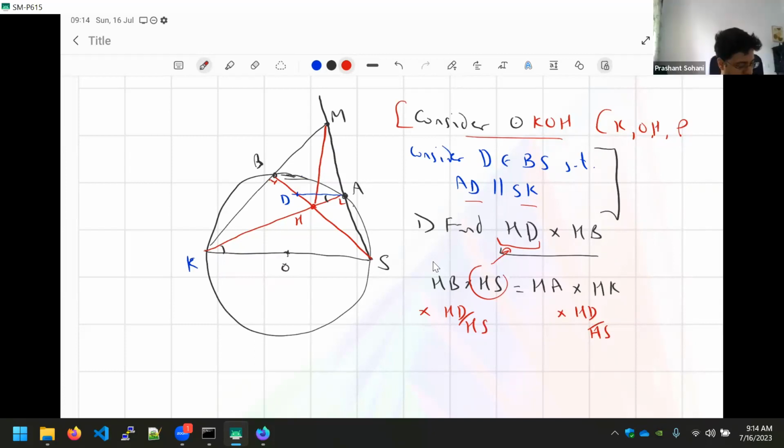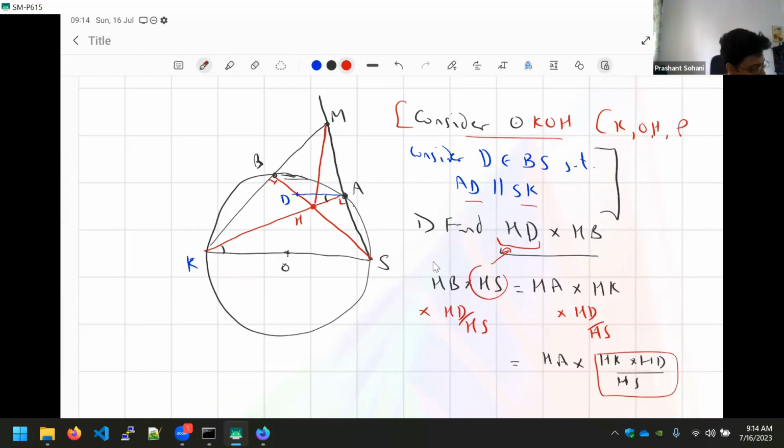Yes, correct. So therefore the RHS will become HA into HK into HD upon HS. And from the triangles which you just mentioned, can you see that this ratio is going to be again HA?